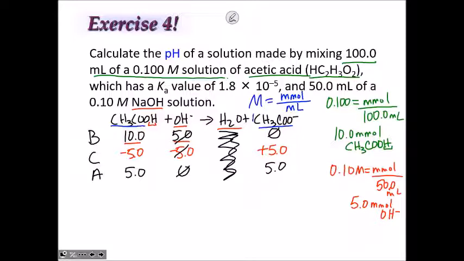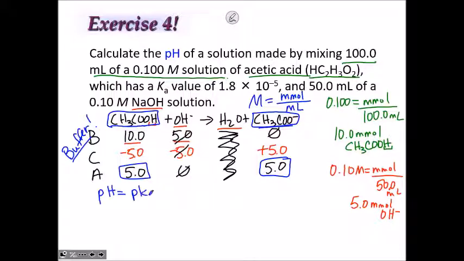This is kind of interesting. We have our conjugate in solution. We have our acid in solution. So this is definitely a buffer. And we can go straight to using the Henderson-Hasselbalch equation. pH equals the pKa plus the log of the base over the acid. And they are equal here. So we know when we have equal, that means the pKa is going to be the pH.